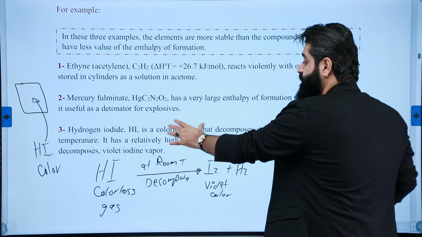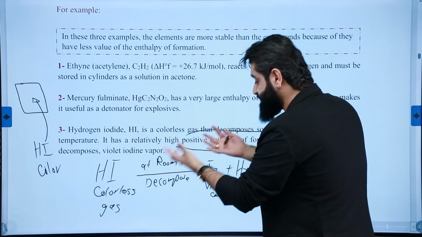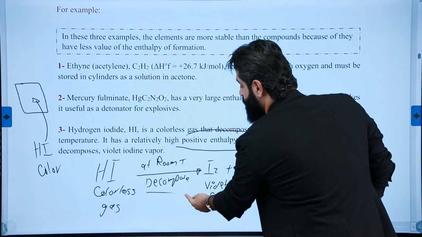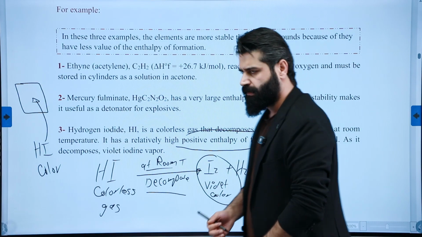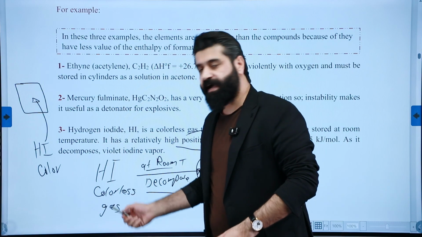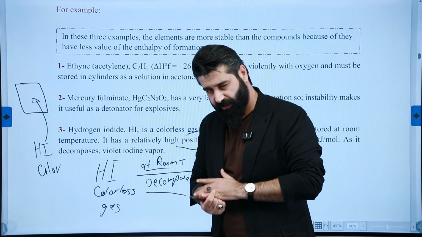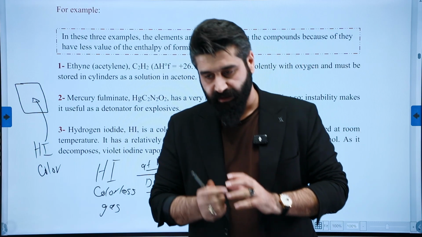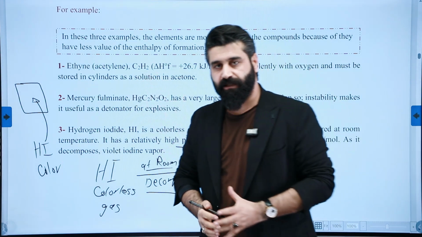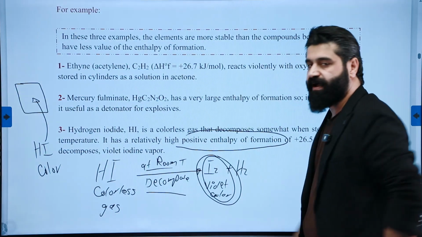Because it has a positive value of delta HF, so it's unstable. It's a reactive substance, and it will decompose at room temperature to release I2 gas, which is a violet gas.